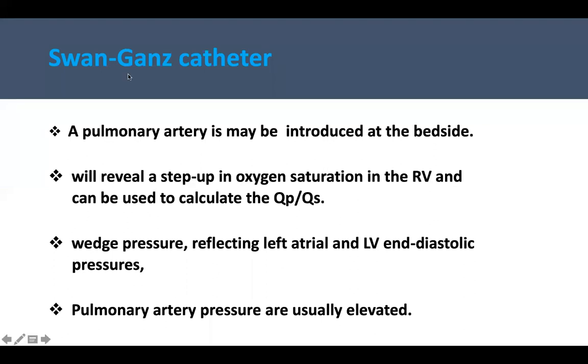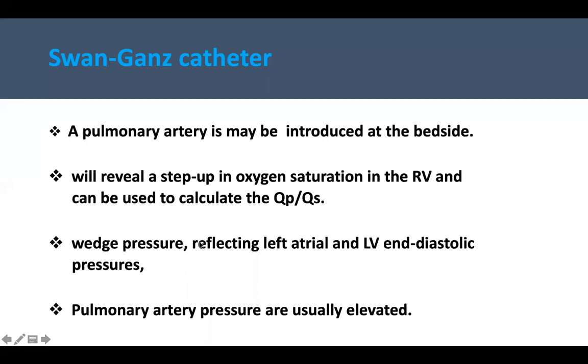The Swan-Ganz catheter is not a must, but sometimes we put it. The patient may be stable, and even in cardiogenic shock, it is not highly recommended, but some centers have a practice of putting it in and measuring. It may be introduced at the bedside or in the cath lab. It will reveal a step-up of oxygen saturation in the RV, and we can calculate the shunt.